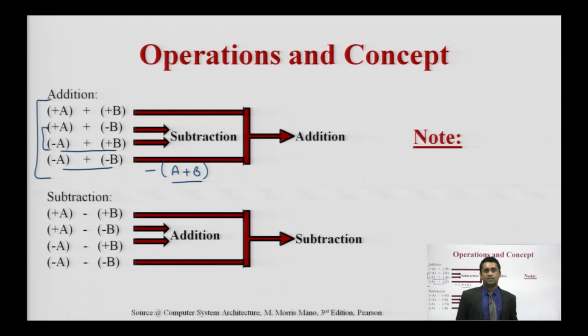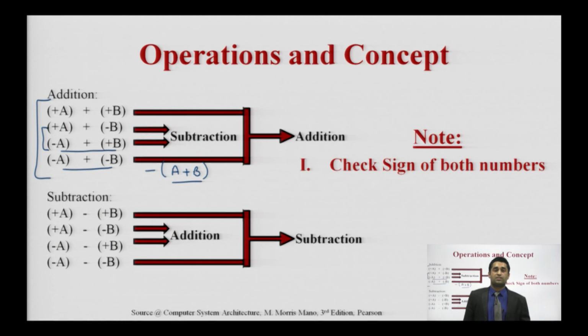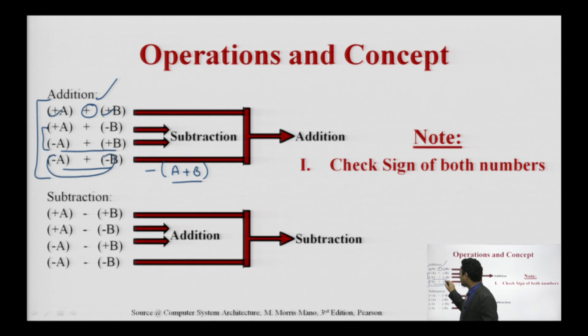So this is the example, and as we see this part, the first thing is we are focusing on the signs. If both these signs are positive, then yes, addition is performed in case of addition, and if both the signs are negative, in this case also we perform the addition.